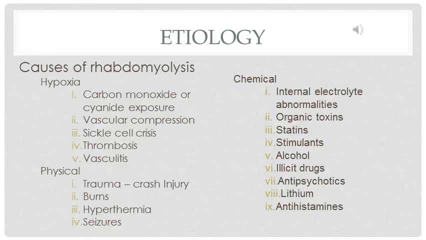This includes trauma, such as crush injury, burns, hyperthermia, and seizures. Finally, there are chemical agents that lead to the damage of muscle cells. Examples include internal electrolyte abnormalities, organic toxins, statins, stimulants, alcohol, illicit drugs, antipsychotics, lithium, and antihistamines.